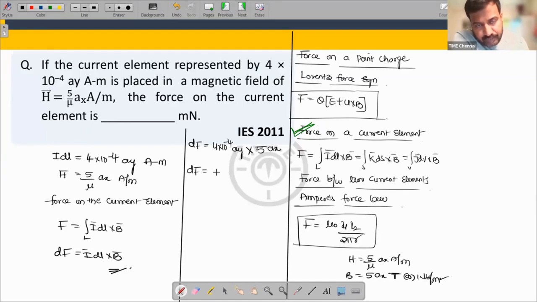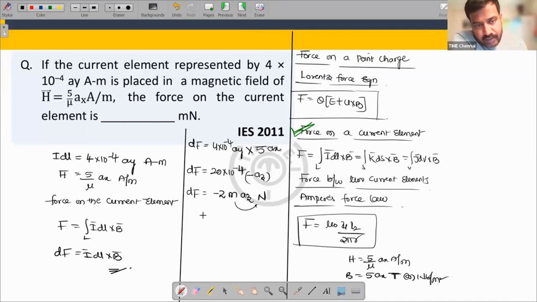So the force dF is 20 into 10 power minus 4, aY cross aX is minus aZ. This dF is minus 2 into 10 power minus 3, that is milli, aZ Newton.